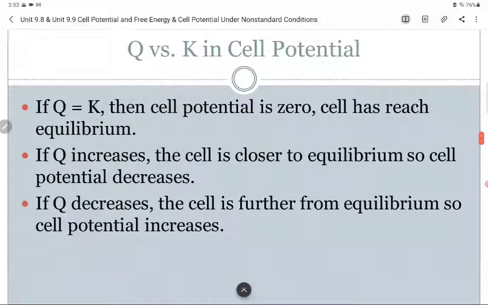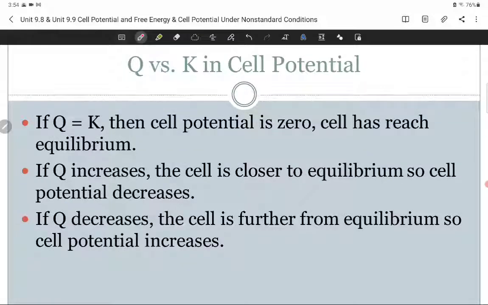We will talk, and we've talked previously about Q versus K, and this is just revisiting this again, but in terms of electrochemistry, if Q increases, cell voltage will decrease. It's more like, so if Q goes up, it shifts more to the left, and this is nothing new. If Q decreases, Q is smaller, then it shifts to the right.